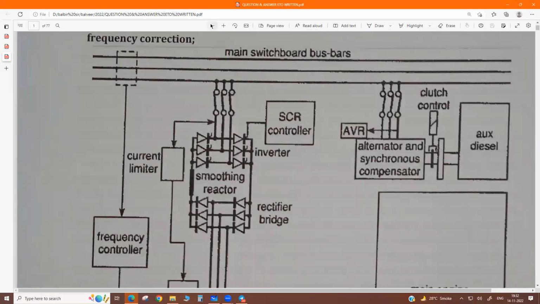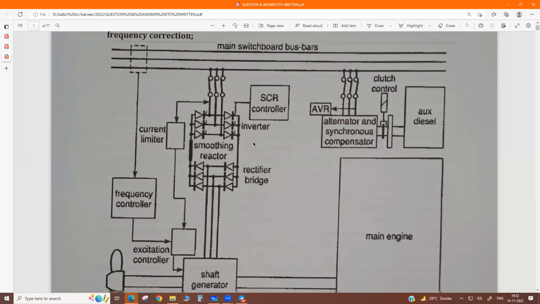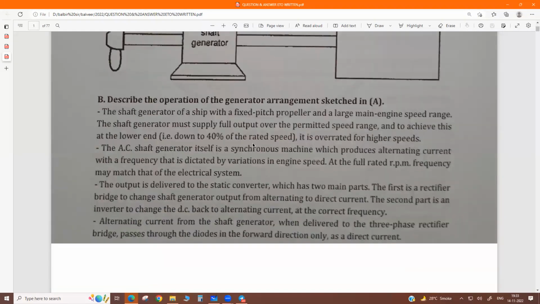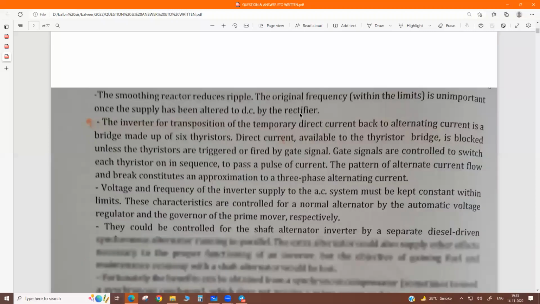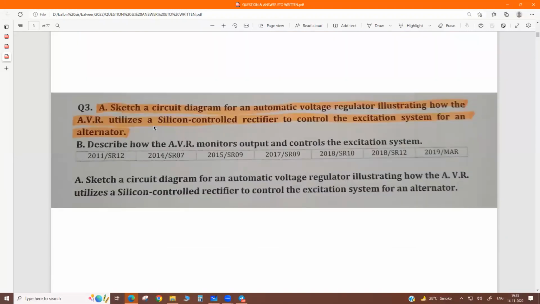If you have better content, you write that, okay? And a better, simple diagram, that you can also use. Describe the operation of the general arrangement. This is frequency correction. Now AVR control by using silicon SCR, okay?